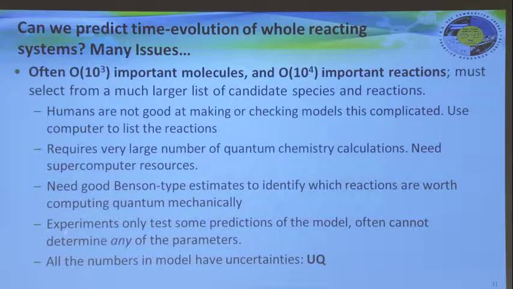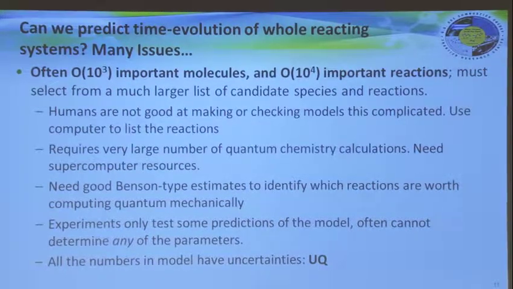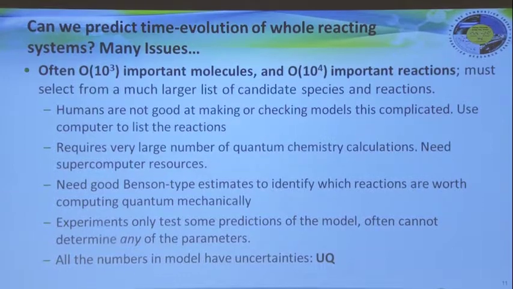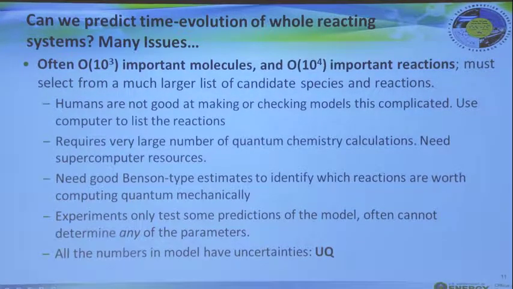And then just keep in mind, experiments only test some predictions of a model, and very often are not sufficient to determine any of the parameters, because the connection between the data and the parameters is a nonlinear connection. If you're trying to invert the process to go from the data back to the parameters, you can only do that in very specialized cases if you have a limited number of data.